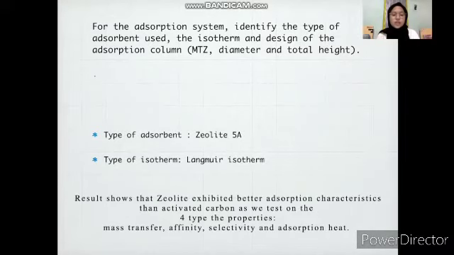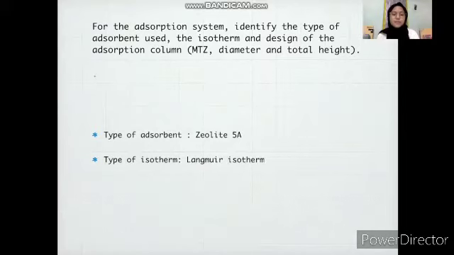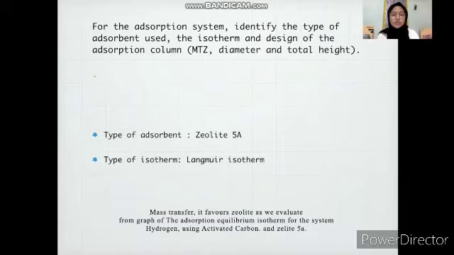Result shows that zeolite exhibited better adsorption characteristics than activated carbon as we test on four types of properties. One is mass transfer, second is affinity, third is selectivity, and fourth is adsorption heat. For the first one, mass transfer, it favors zeolite.